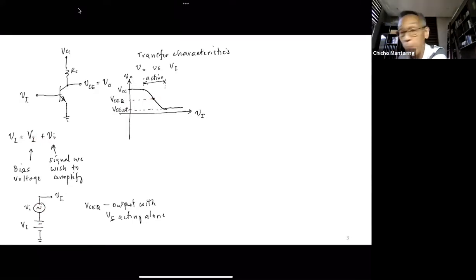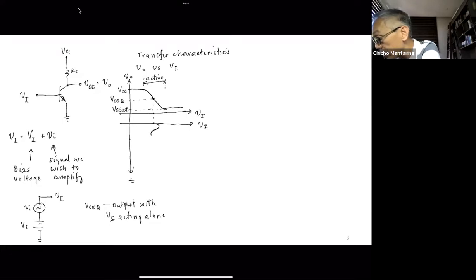Okay, what will happen if I apply now an input signal? We showed v_I versus t. So now I have an input signal here. Let's say this is my input signal. The offset is capital V_I.